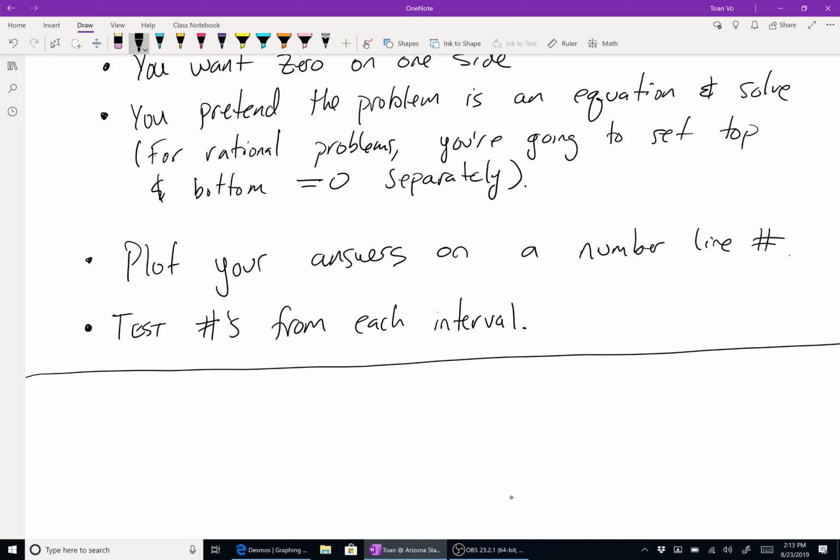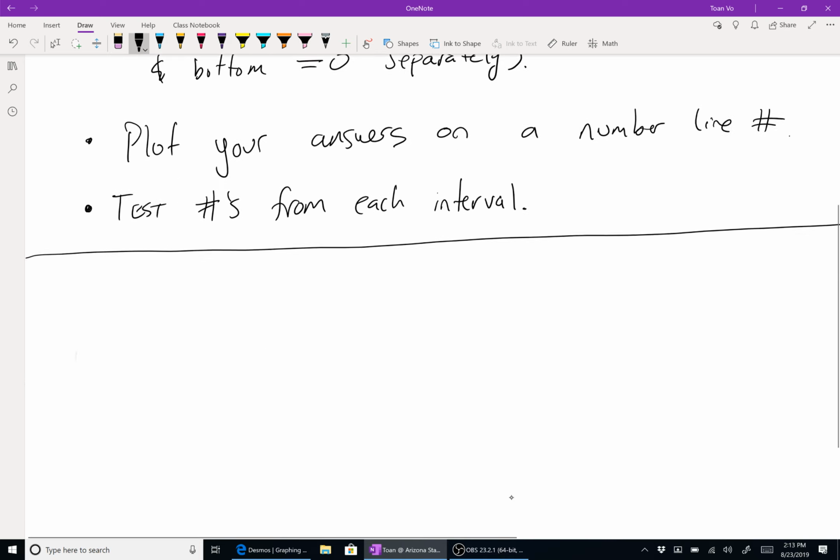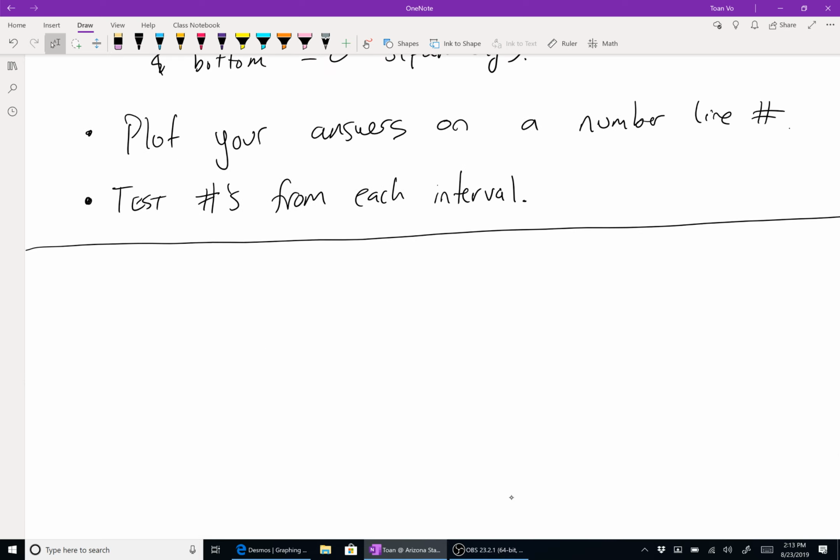I think it's a lot easier to see with an example. So let's just do 2 examples, one polynomial, one rational. Hopefully you get the idea. And that's all the lesson is, 2 examples. Unless you want more. Suppose I ask you to solve 5x squared plus 3x is greater than or equal to 3x squared plus 2.